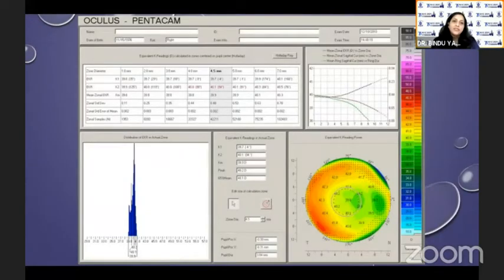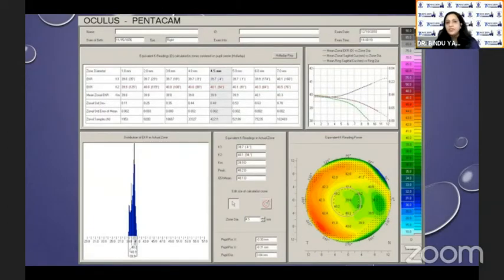Coming to the next important thing that we look at, the different zones which are centered around the pupillary center. As per the studies, the 4.5 millimeter zone K values are supposed to be the most accurate to give the best result.